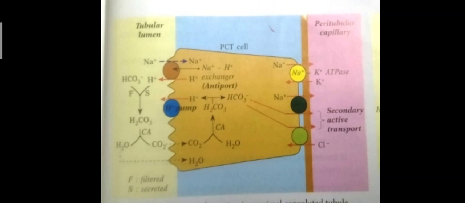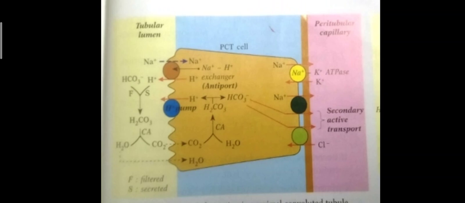For each mole of HCO3 removed from the tubular fluid, 1 mole of HCO3 diffuses from tubular cells into the blood, even though it is not the same mole that disappeared from the tubular fluid. So the buffering of secreted H plus by filtered HCO3 does not contribute to urinary excretion of H plus.